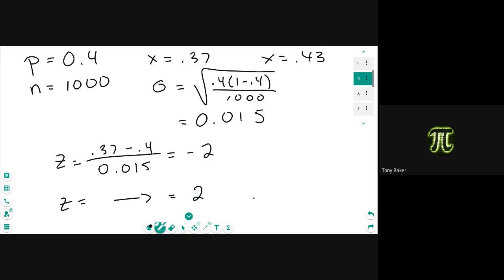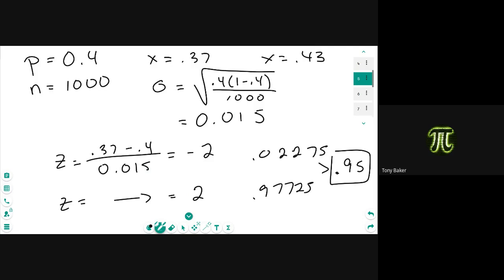So 2 is 0.97725, and -2 is 0.02275. And if we subtract those two, we get exactly 0.95. So if I asked 1,000 people, I have a 95% chance to be within ±3% of my answer.